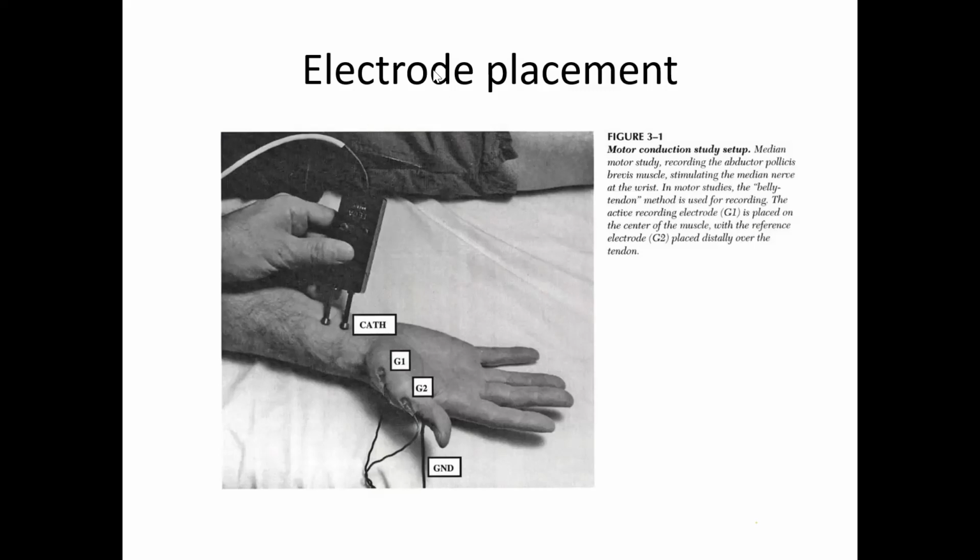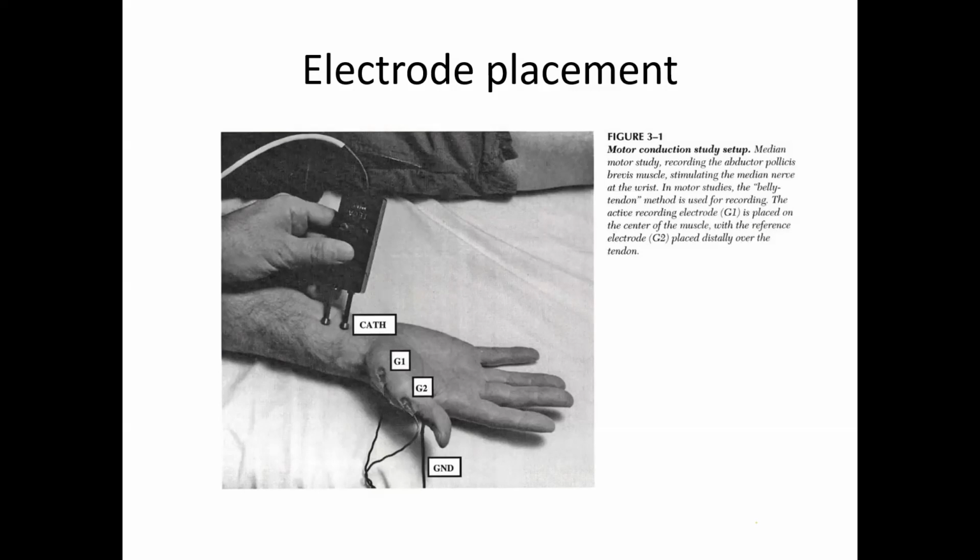What is cathode and what is anode? Cathode is depolarization and anode is repolarization or hyperpolarization. Cathode is negative, and the current travels from cathode to anode.